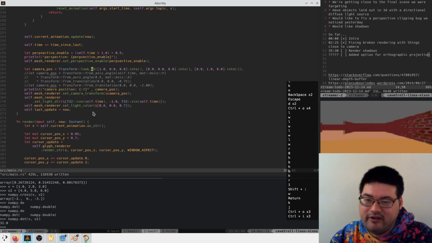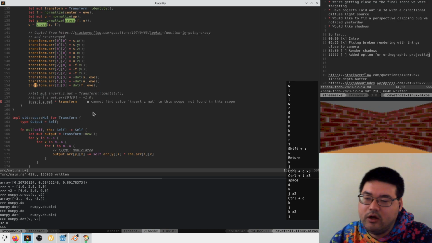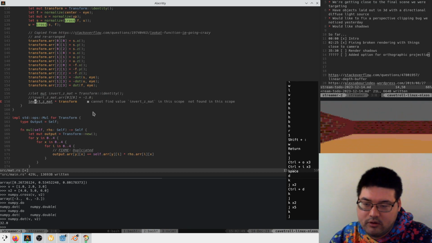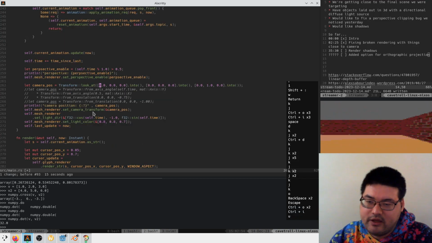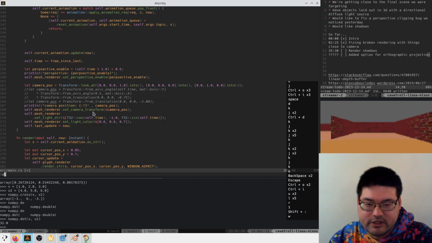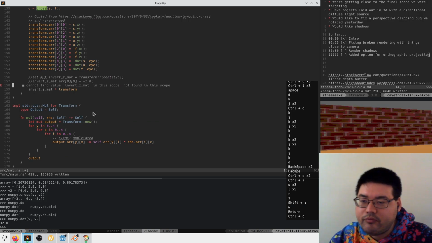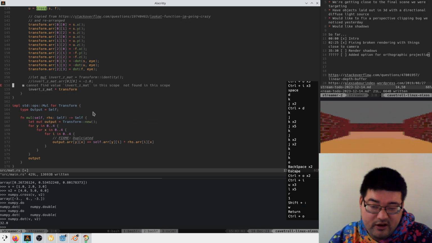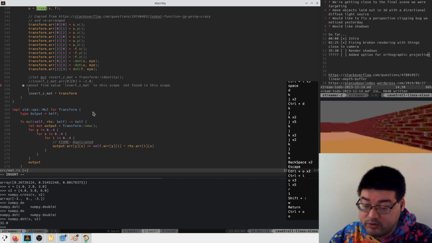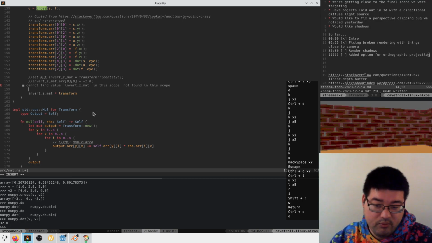I did want to try... well, let's go back to the other thing, because I don't want to just randomly delete negatives. That seems wrong. And let's see, I do think that maybe a full rotation around the y-axis might work here.